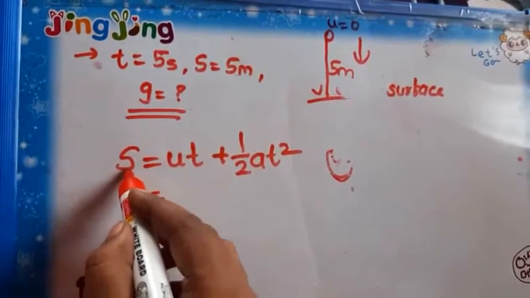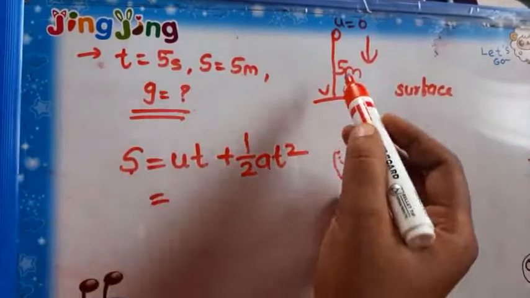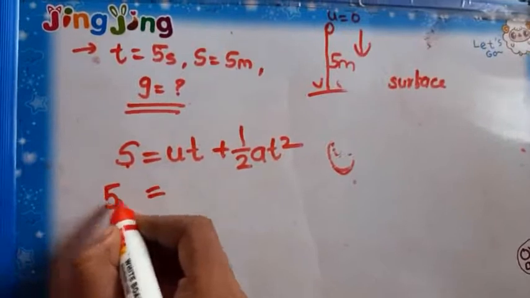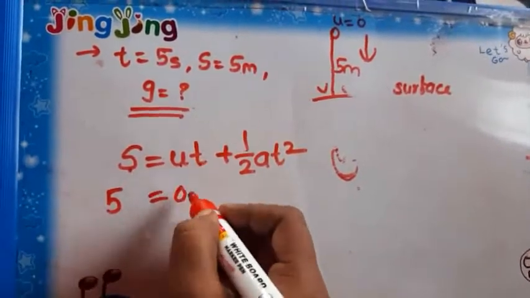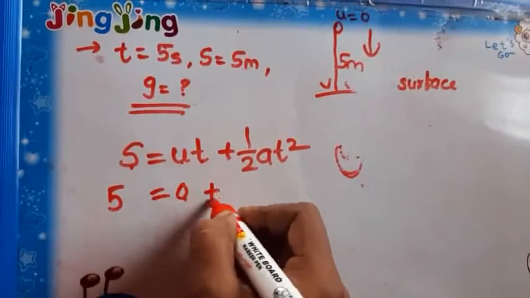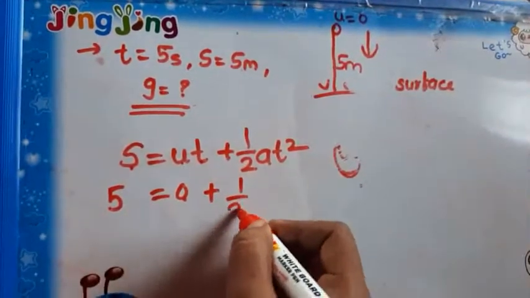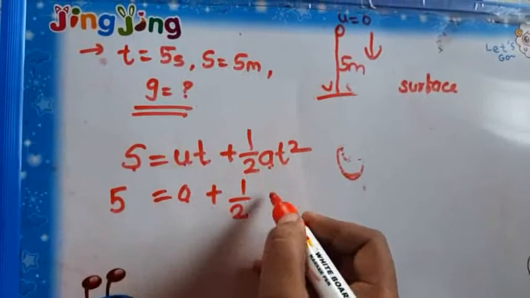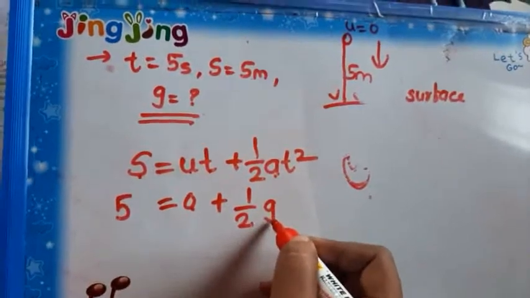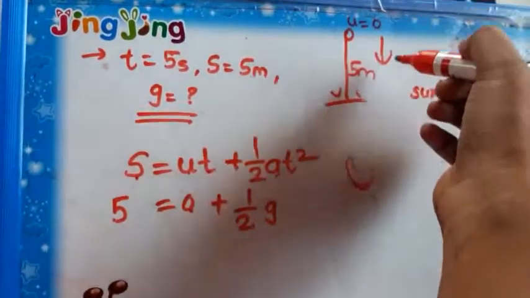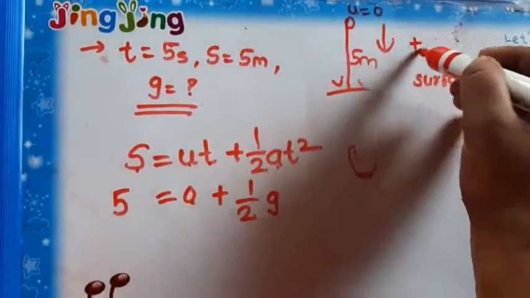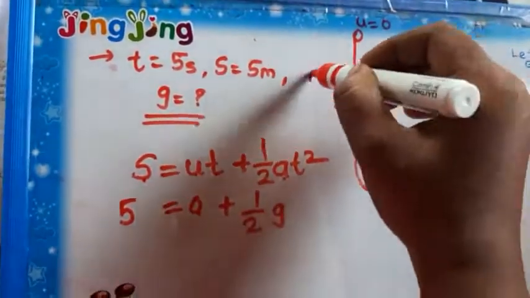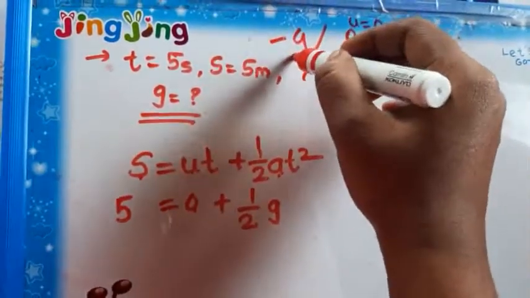Height or displacement of the ball is 5 meters. So 5 is equal to initial velocity 0, so 0 into t, 0, plus half. A will become g and it will be positive because the object is falling downward. For the downward case, we know that acceleration is positive and when it goes upward, acceleration is negative.